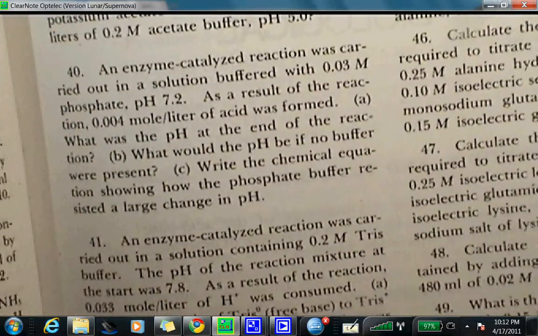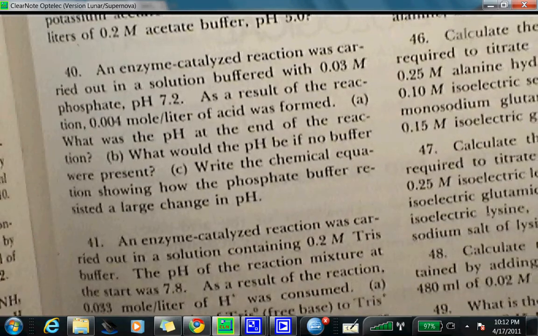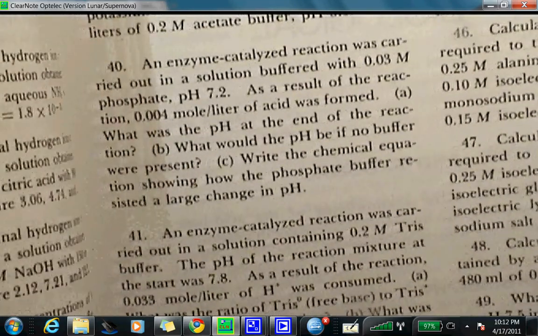And B and C should be fairly able to do if you've been able to make it this far. So, how do we start this one? Well, we're going to start off with our Henderson-Hasselbalch equation.